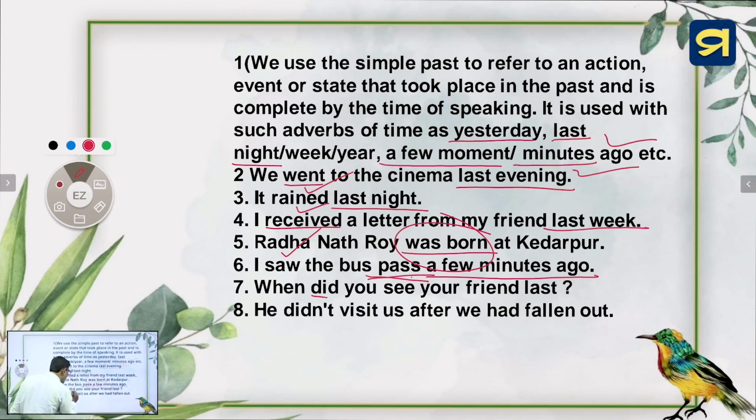You see, did and see. And he did not visit us after we had fallen out. Fallen out means quarreled. He did not visit us. He did not meet us. He did not see us after we had fallen out. Have you understood? With these adverbs of time, we use simple past tense.